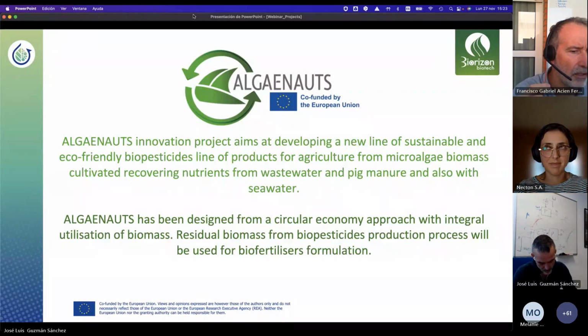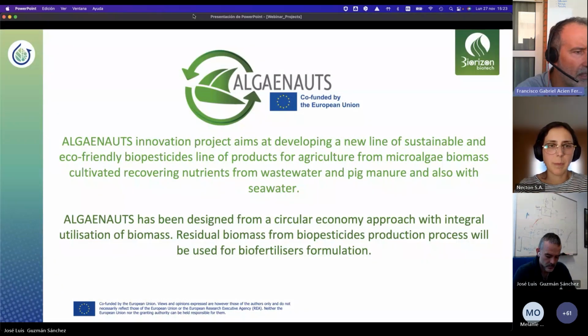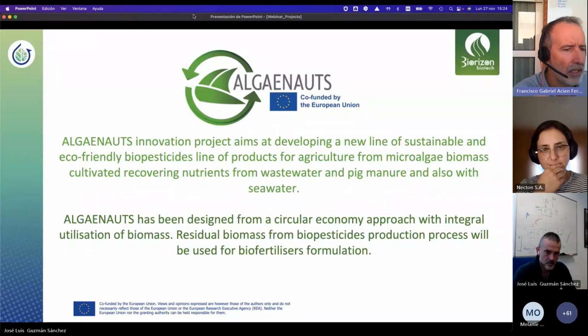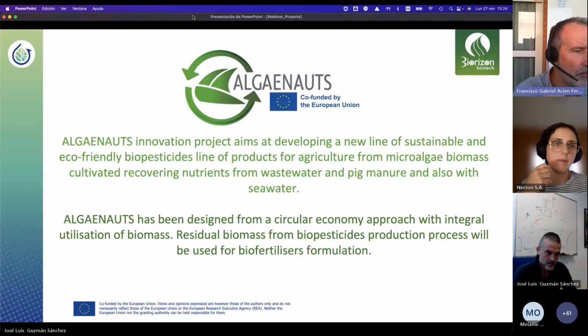That means that we need to use residuals as a nutrient source, also to try to use flue gases or whatever, but to be able to produce selected strains using this type of effluents, we must redesign the technologies to be used, especially control system and water management, because it is very important to prevent or to minimize the presence of contamination in these cultures, and also the sustainability in terms of using renewable energies for the energy supply. Please, next slide.